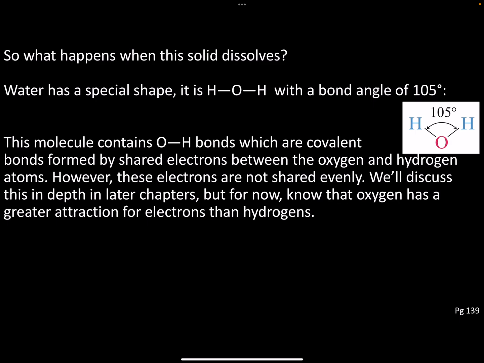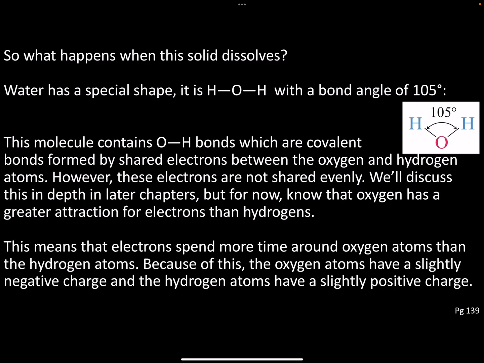However, the electrons are not shared very evenly. We'll look at this more in depth in later chapters, but for now, oxygen has a greater attraction for electrons, or we call that electronegativity, than the hydrogen atoms do, so the electrons spend more time around the oxygen atom.